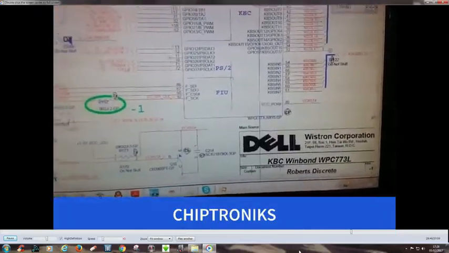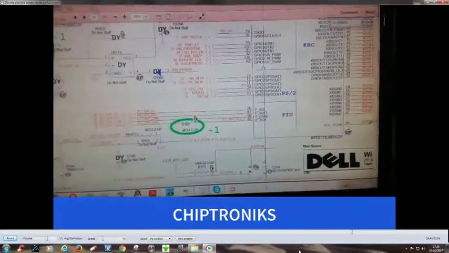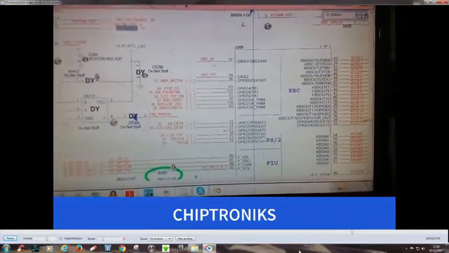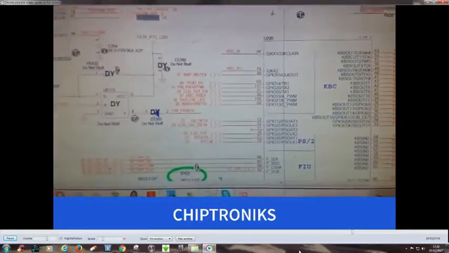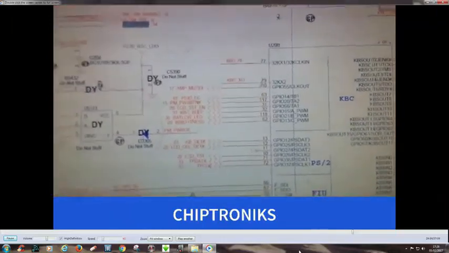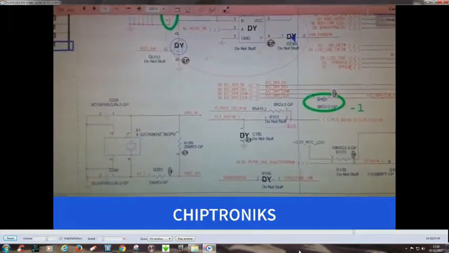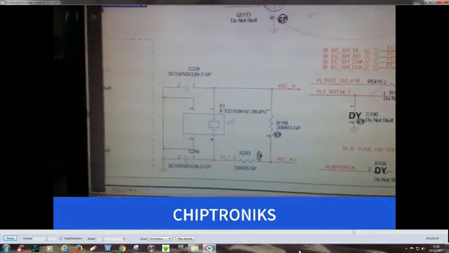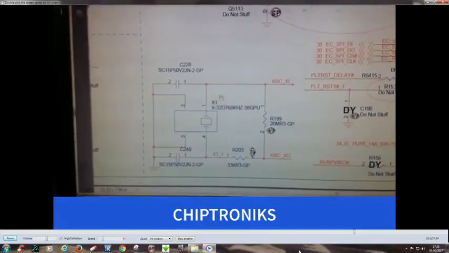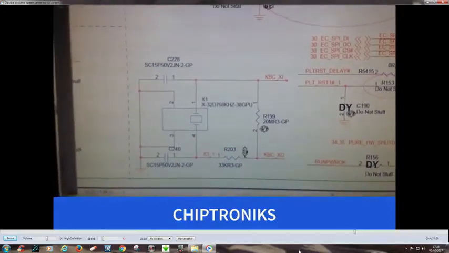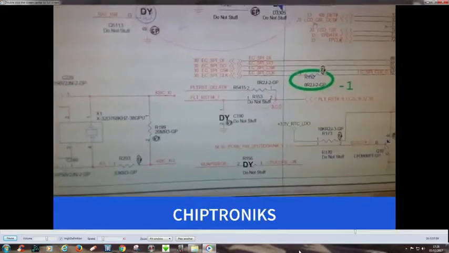Now let's check the clock, whether this IC is getting clock. So this clock is at pin number 77 and 79, and you can see this clock is being generated via this crystal. This crystal is generating these two clocks, the input and output.